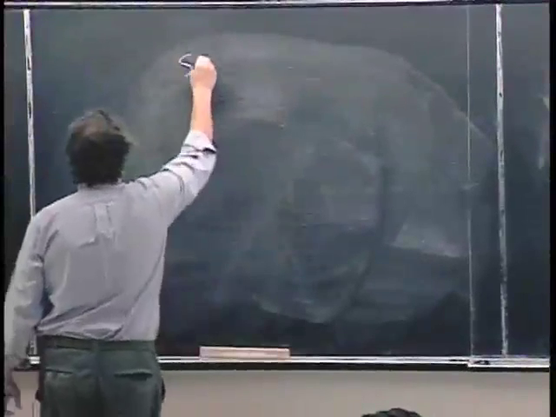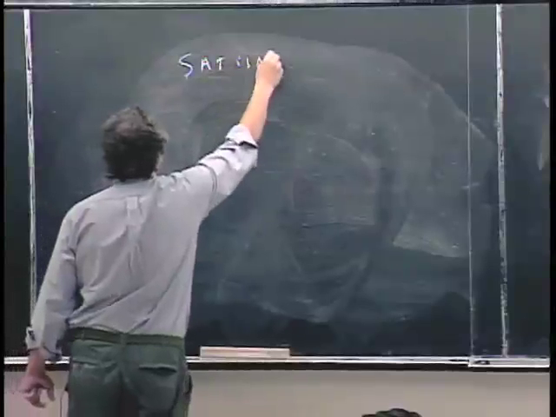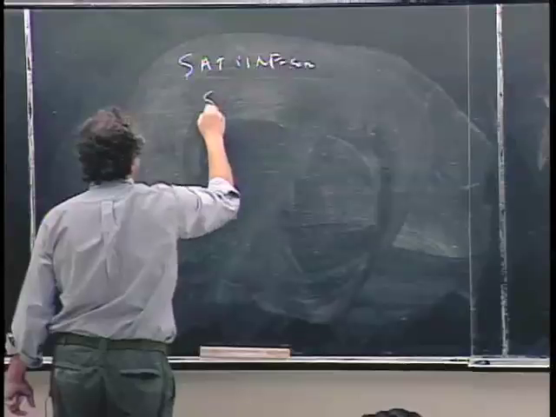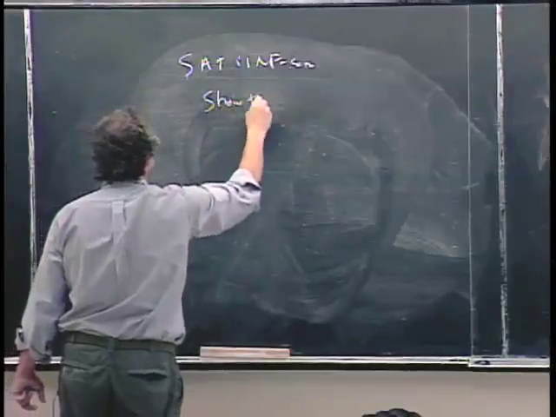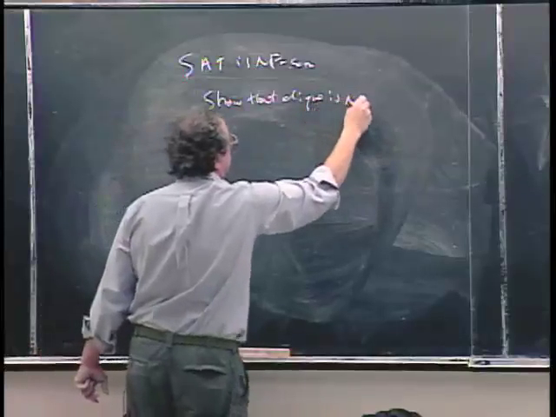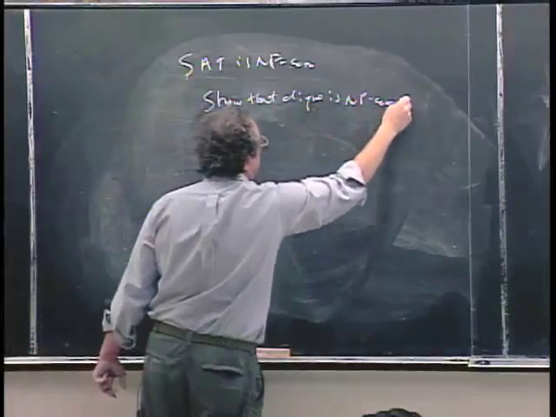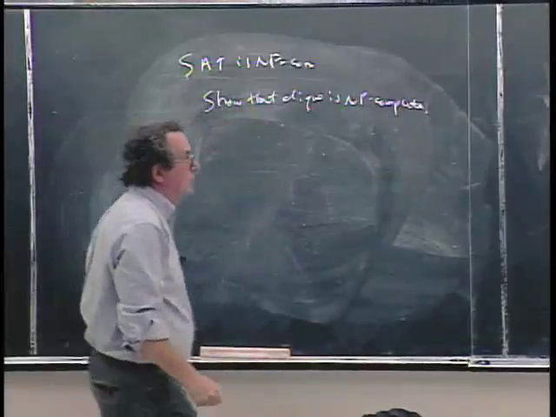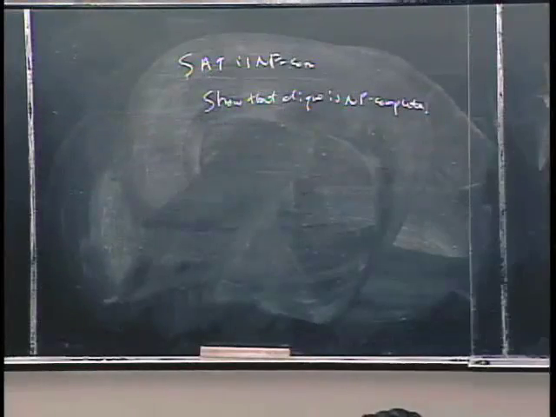Assuming that we know SAT is NP-complete, show that clique is NP-complete. Okay? If A is known to be NP-complete, I want to show that B is NP-complete.